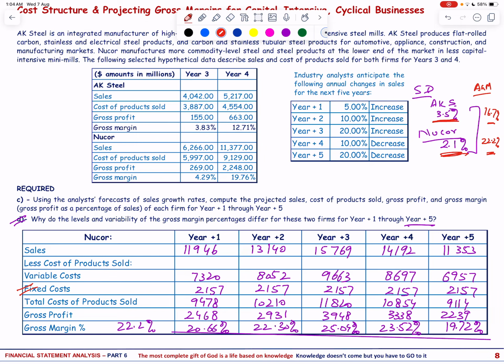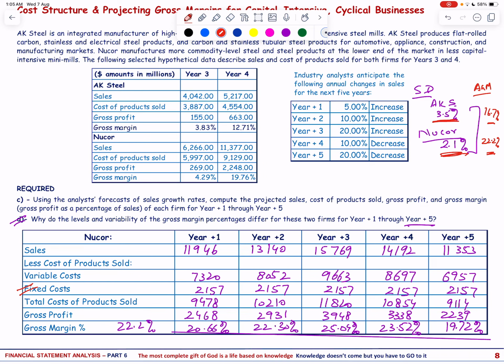This higher variability in AK Steel's gross margin is due to its higher proportion of fixed cost in its cost structure. When fixed costs are a larger component of total cost, any fluctuation in sales or production can lead to more pronounced changes in gross margin.